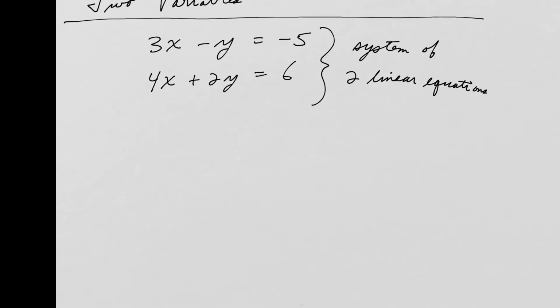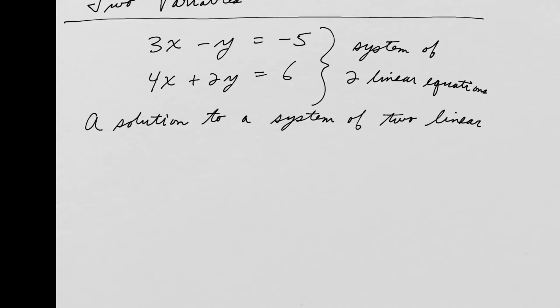Now, we're going to try and solve these. So what does it mean to be a solution? Well, a solution to a system of two linear equations is an ordered pair, right?